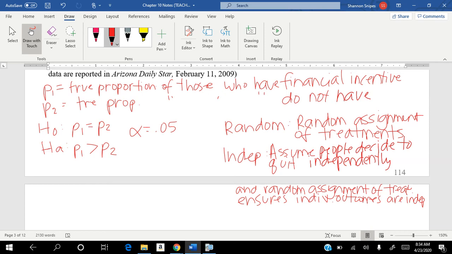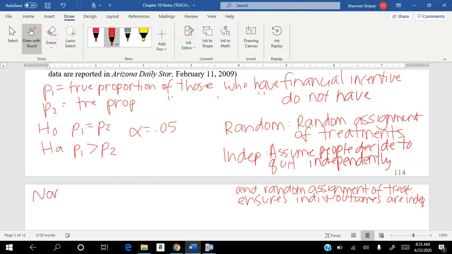I mean, we know that in reality, if a husband and a wife decide to quit, they're doing it for each other. But in general, we're going to make the assumption that people are going to decide to quit independently. So that's the two separate groups being independent of each other. And then the random assignment of treatments makes the individual outcomes of the treatments independent of each other. So always check two things for independence with two samples.